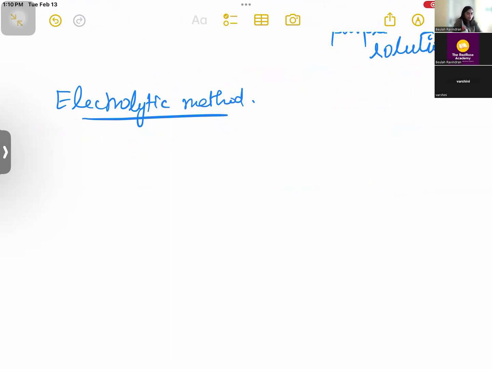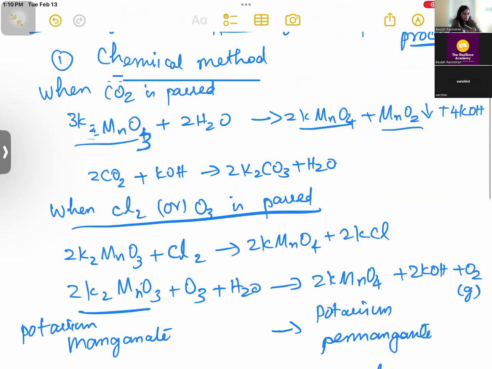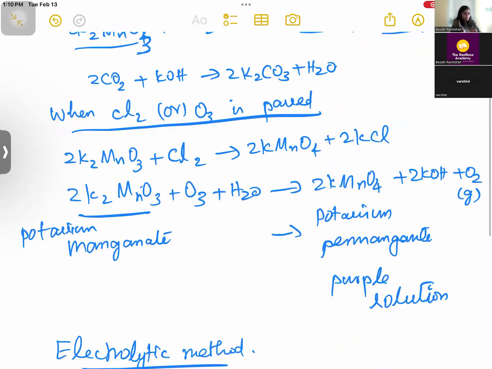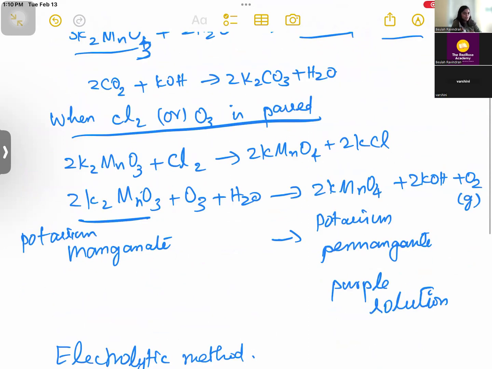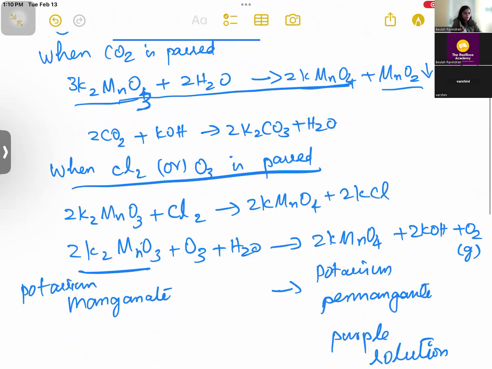Okay. So at the anode, what happens? What is the reaction given in your book? How the green becomes purple at the anode and at the cathode. We saw, right? So what is happening at the anode and at the cathode?